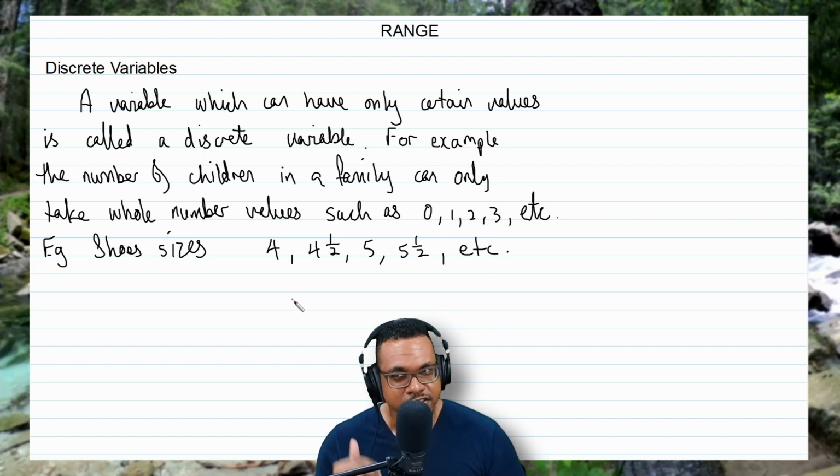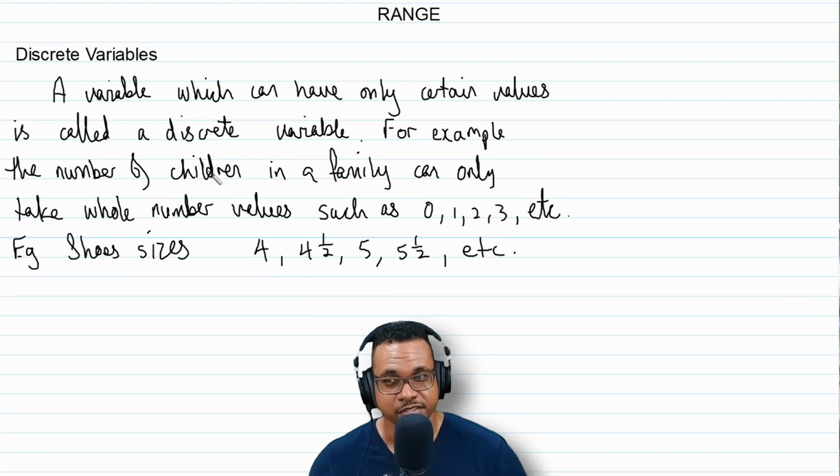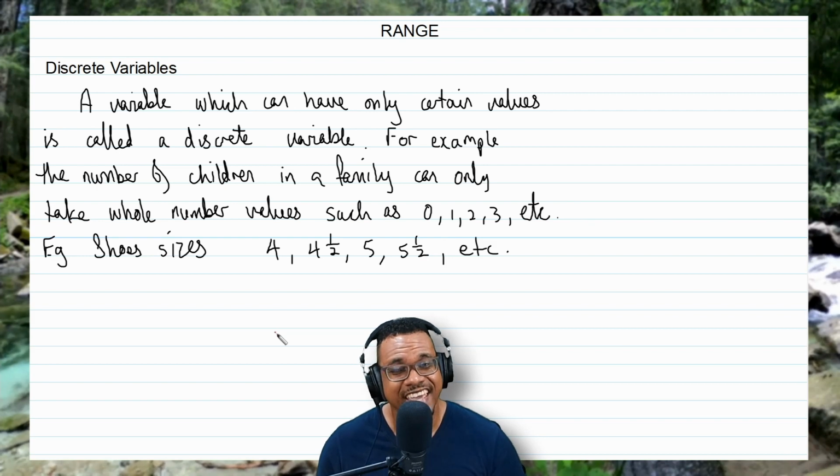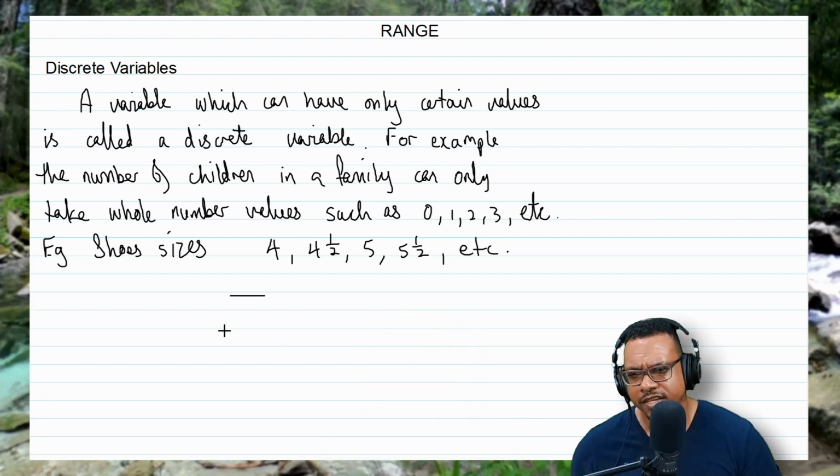Now, when I explain continuous variables, you'll see a difference between discrete and continuous. A continuous variable is a variable that can take any value between two given points. For example, if you're measuring the heights of people, let's say this is the 170 centimeter mark, and this is the 171 centimeter mark.